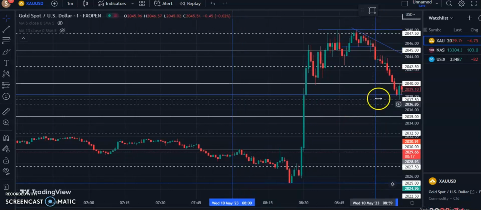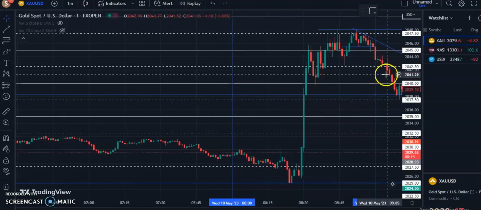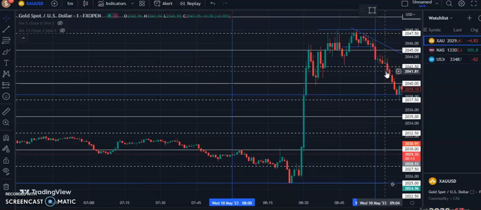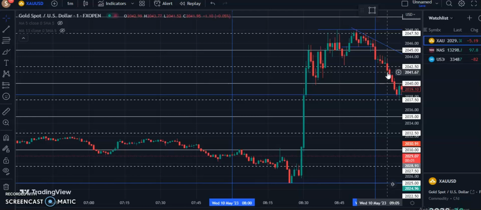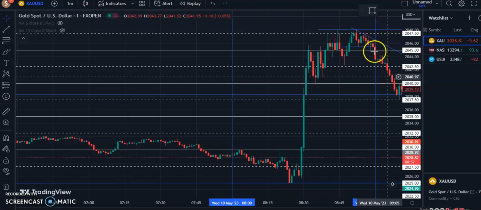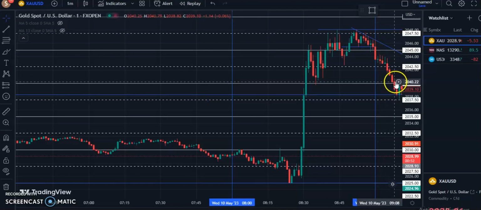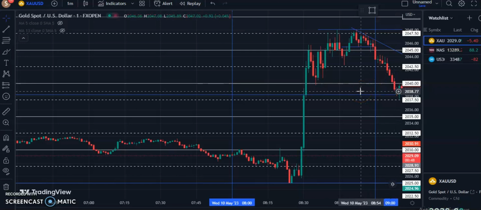For me, even though this is an entry, I like entries that make sense to me. Yesterday I got stopped out for making a stupid mistake, and I don't want to repeat any mistake. So since this is an already broken down market, I want a true retest. Then that will be an entry for me, plus it would have a lot of confluences.